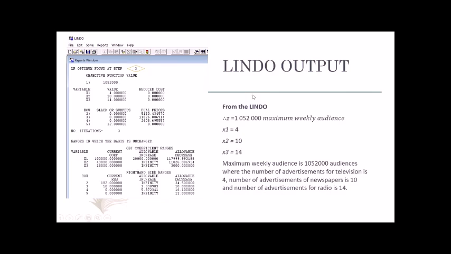Next, we have the value of z, which is the value of the objective function, and we can also get the values for x1, x2 and x3. x1 is 4, x2 is 10, and x3 is 40.